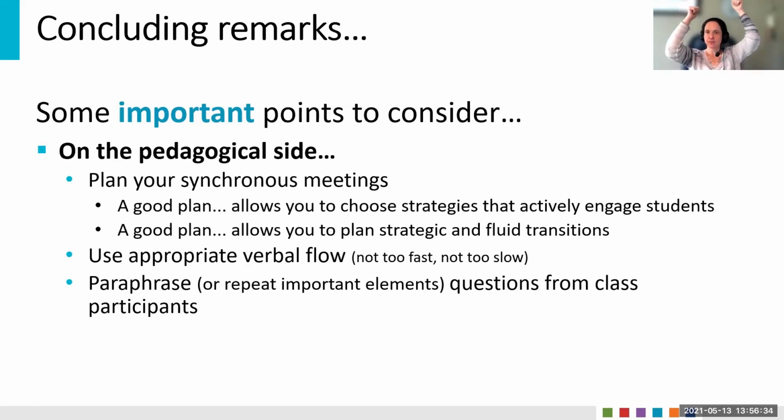Students at the back, they're having to speak loudly enough already that everybody hears them, or you're asking them to speak louder. So for the students at a distance, you don't have to worry that they can be heard, but they won't hear what the students in class say. So you're going to paraphrase like you normally would have done in class to make sure that everybody heard the question or the comment when you want to comment on or answer that question or comment.